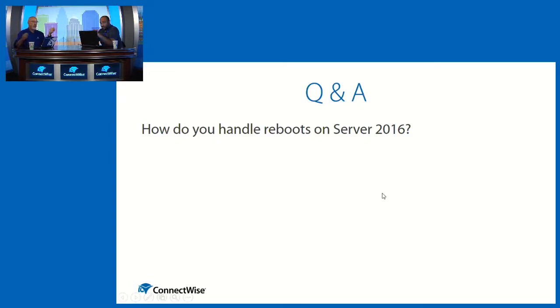How do you handle reboots in Server 2016? At first I thought this was a no-brainer question because we use the reboot policy to reboot 2016 the same way you reboot everything. But I asked some of the guys in support who deal with this every day. A colleague who's done a lot of work in Patch Manager and a lot more work in Windows logging discovered that Windows does not record the Automate command to reboot your system.